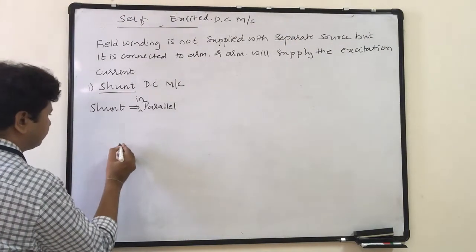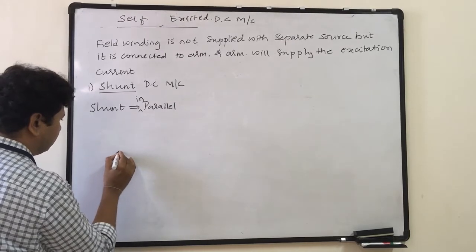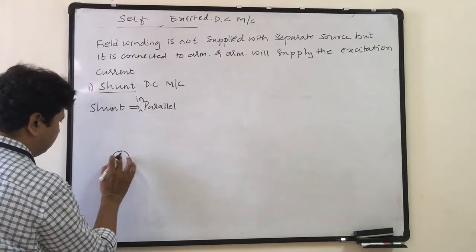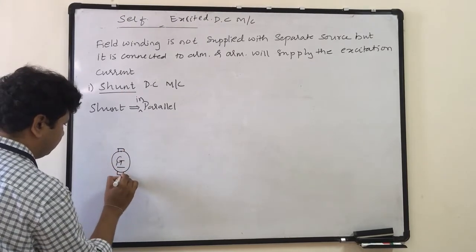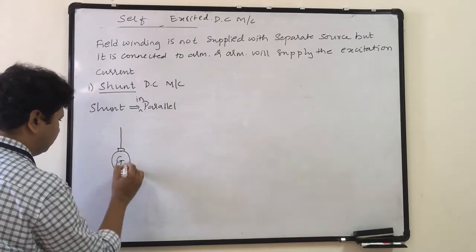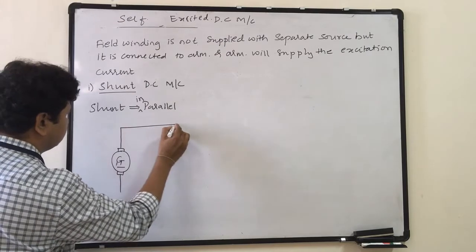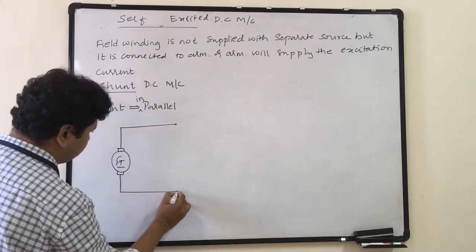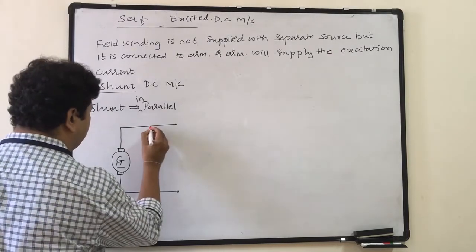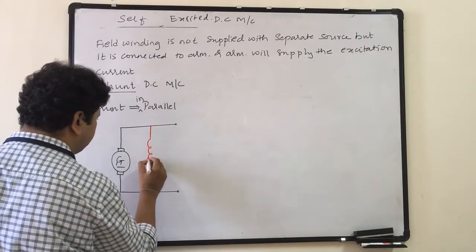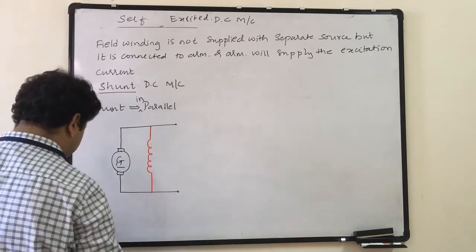Field winding. Now this is the armature. So the field winding is connected in parallel with the armature.